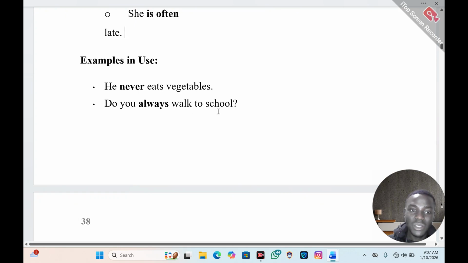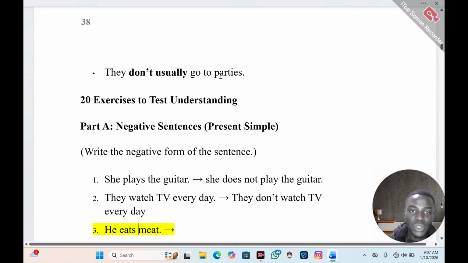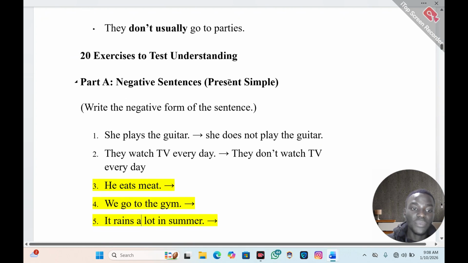You are asking a question. Now, they don't usually go to the parties. These are examples of using adverbs of frequency in sentences.